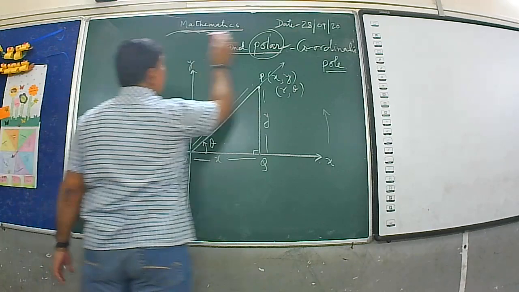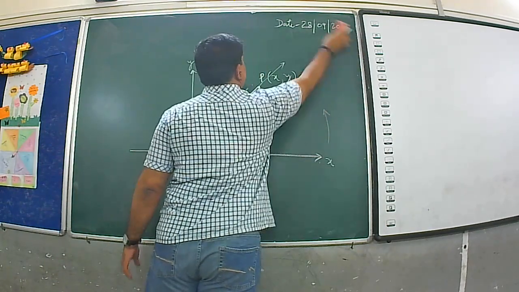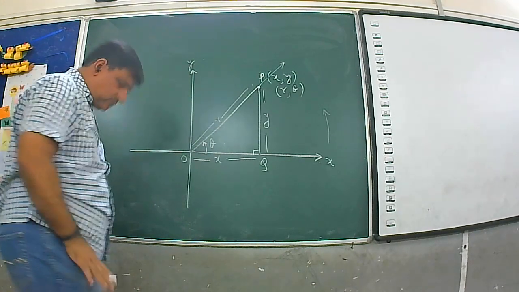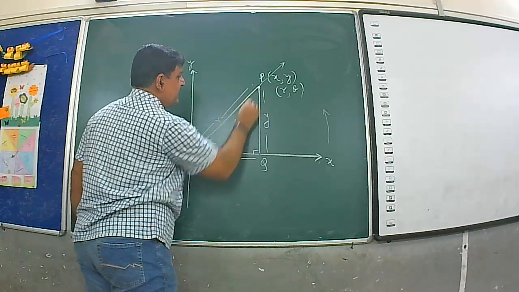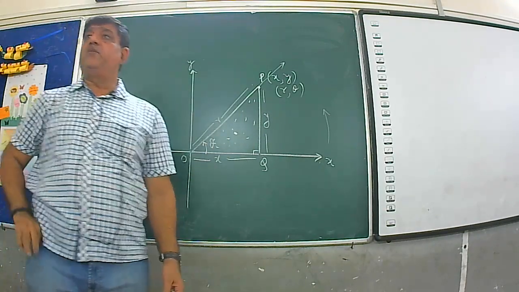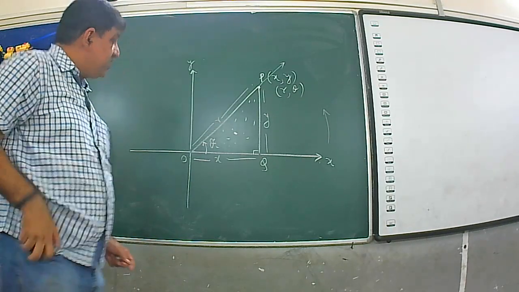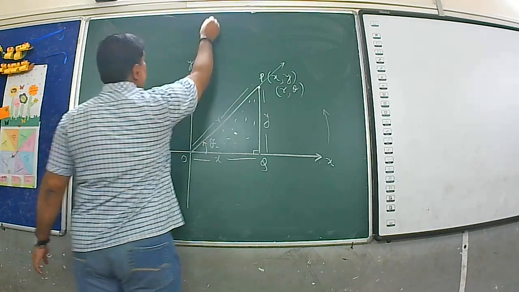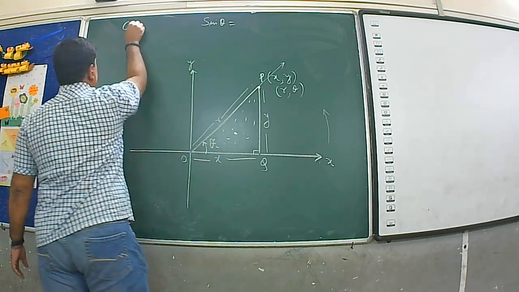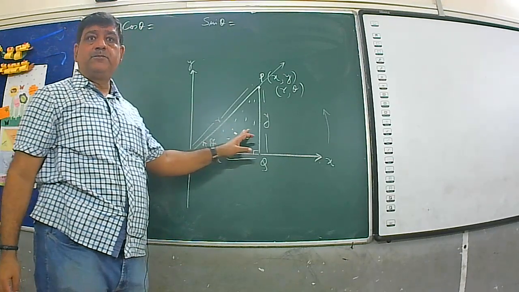You see, boys, if you observe this right angle triangle, we have sine theta is equal to, and cos theta is equal to. Try to find out the two values in this right angle triangle.